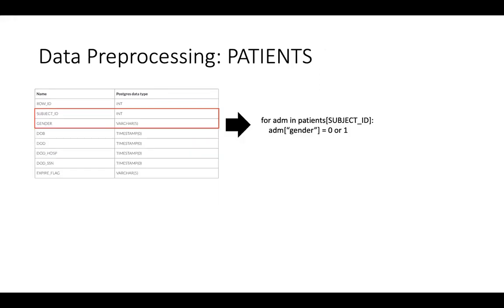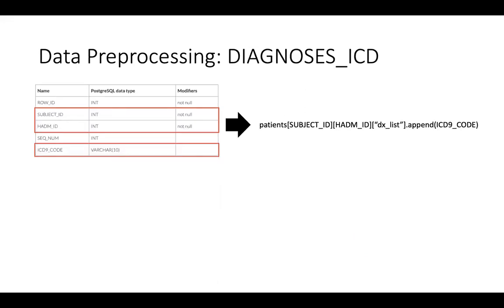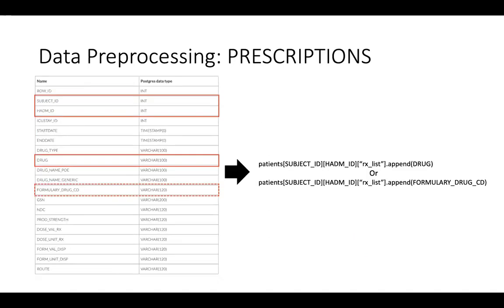Then we extracted gender information from patients, and then diagnosis codes from the diagnosis ICD table, procedure codes from the procedures ICD table, and the drug names or formulary drug code from the prescriptions table.